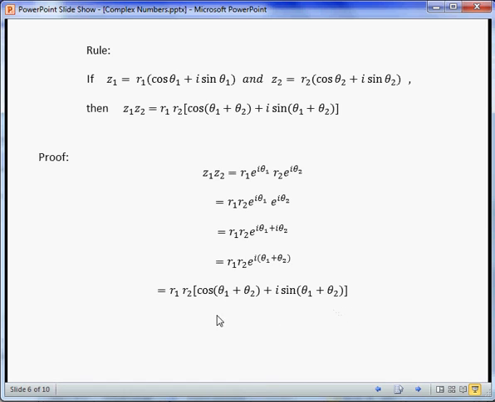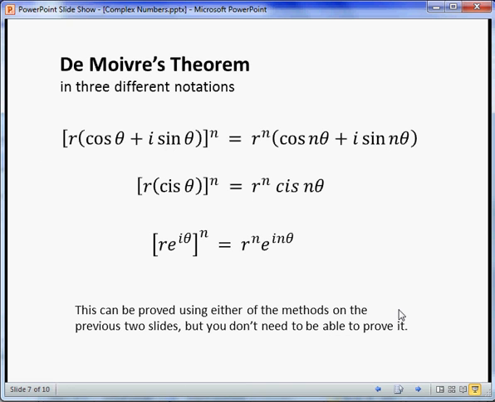Very simply, rewrite it in your cis format, and that's your proof done. Okay, you can pause the video and have a longer look at that if you need to.